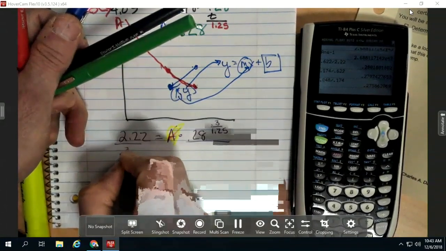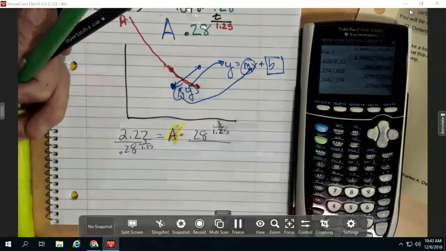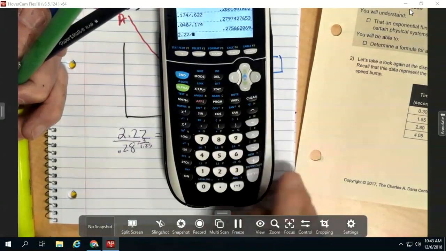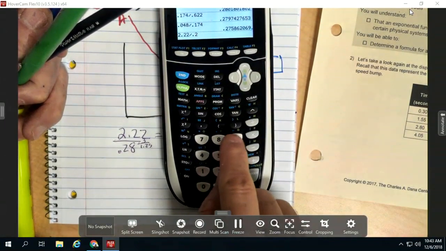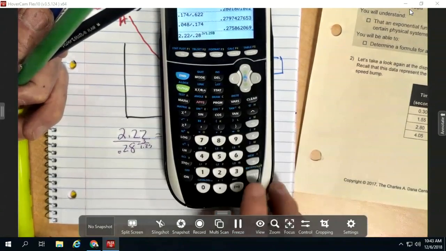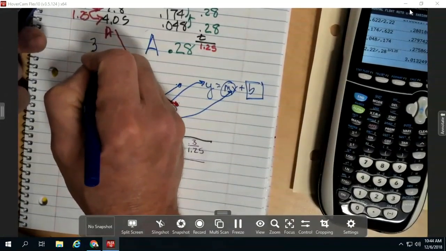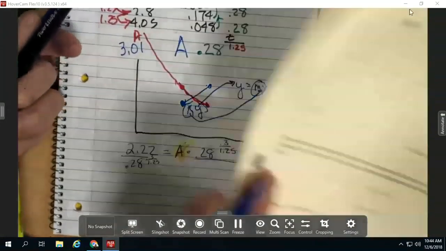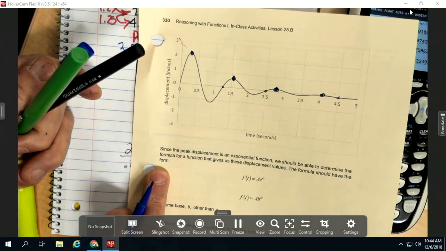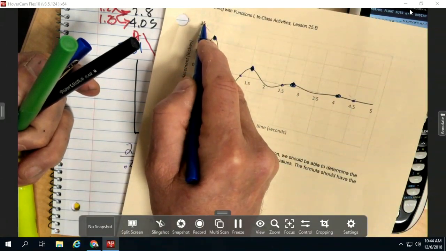Divide both sides by 0.28 to the 0.3 over 1.25. 2.22 divided by 0.28 to the 0.3 divided by 1.25 is, our a value is 3.01. Does it look like, if you backtrack to the y-axis, it goes through 3.01? Keep on going backwards. Looks like it crosses right at about 3.